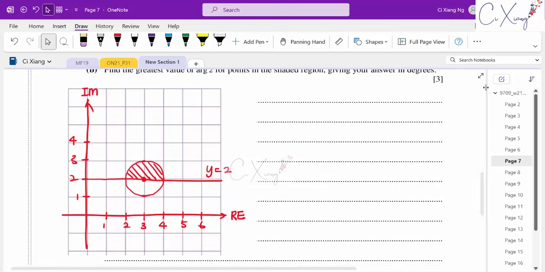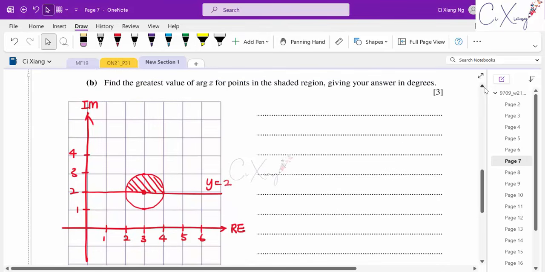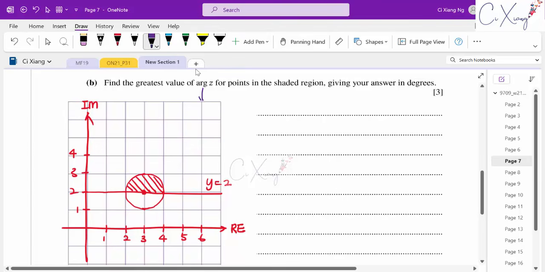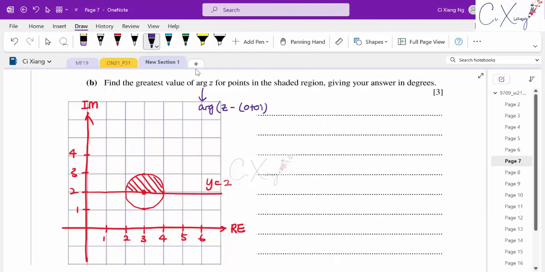So where is the greatest value of argument Z? The argument of Z means the argument of Z measured from 0 + 0i. So when you want to measure the angle of Z, you need to measure it from the point (0, 0).